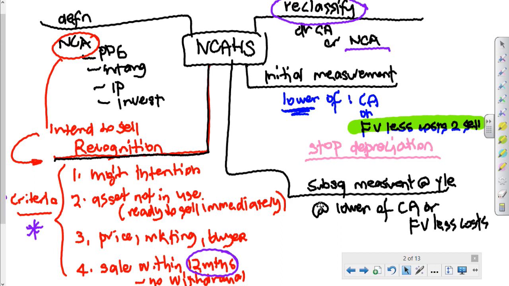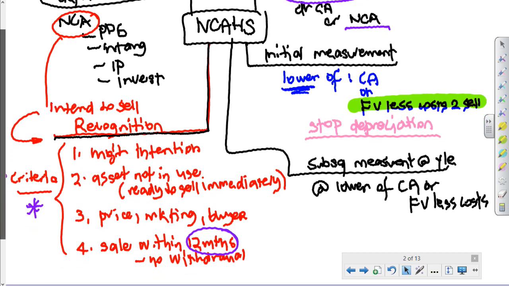And over here, I then could have a further impairment, or what I could also have, and when we did impairment we looked at this, I could also have an impairment reversal.